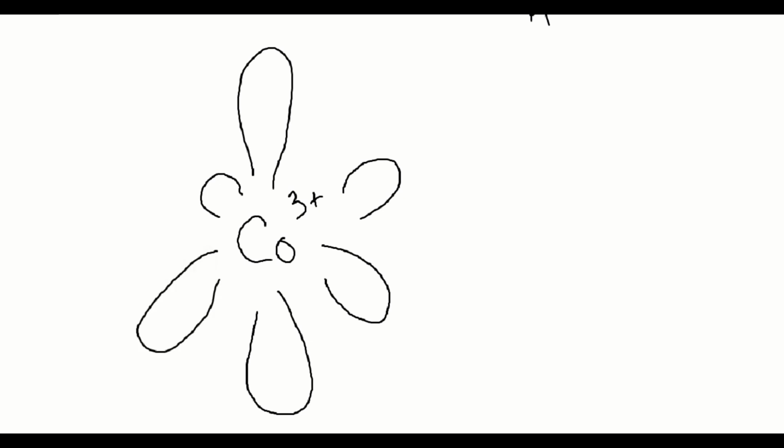But anyway, there are 6 of these empty orbitals for the cobalt ion, and so you can have 6 of these ligands. I'll draw 1 or 2 of them, and ammonia is a common one. And I'll draw 1 more here.